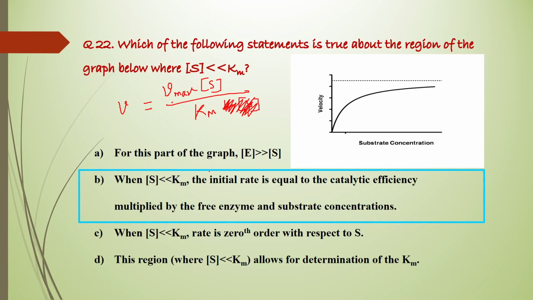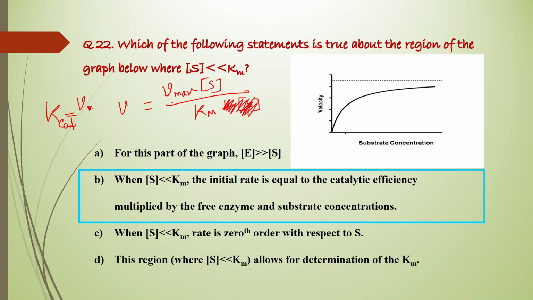So at this condition, the initial velocity V is equal to the catalytic efficiency multiplied by free enzyme. Okay. Now again you have to remember the catalytic efficiency, that is Kcat. This is called catalytic efficiency.